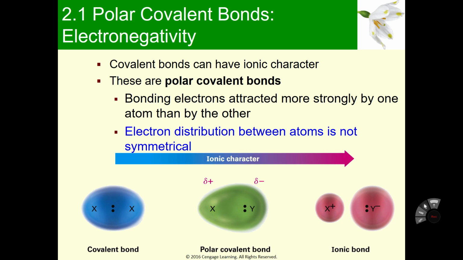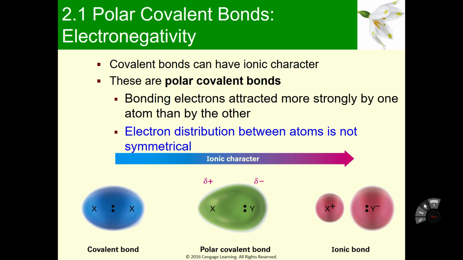A bond is a bond between two atoms. Depending on the distribution of electrons between two atoms, we can classify those bonds as covalent, polar covalent, or ionic.